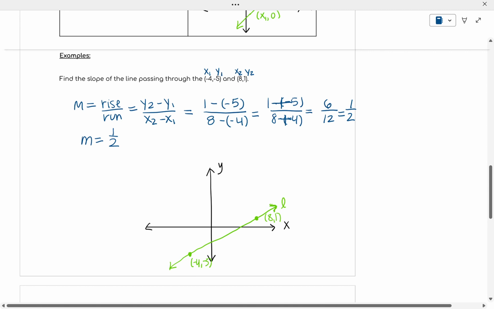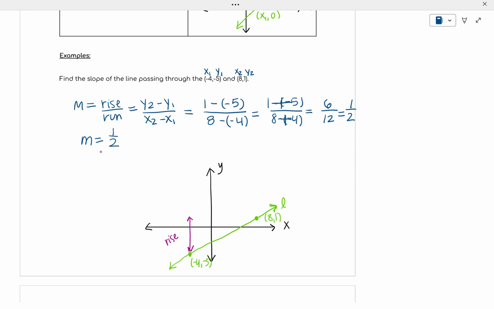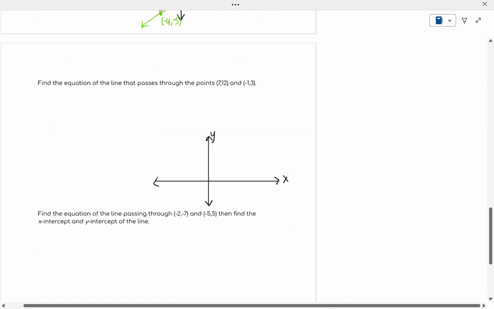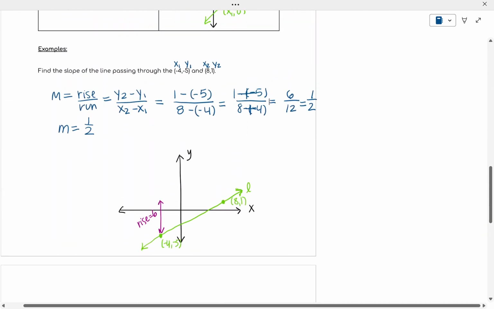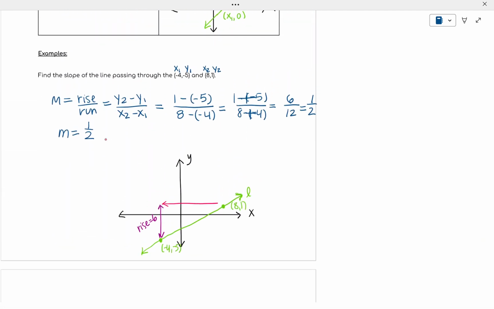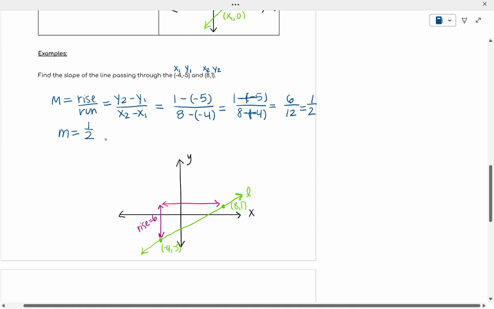And remember, to find the rise, we have to move 6 units up. So this is equal to 6 units up along the y-axis, and then the run, we have to move 12 units along the x-axis.